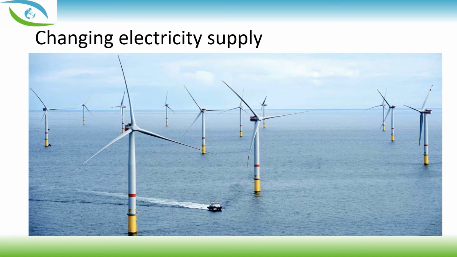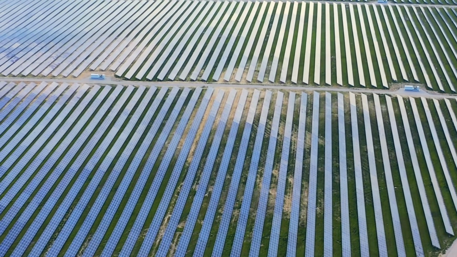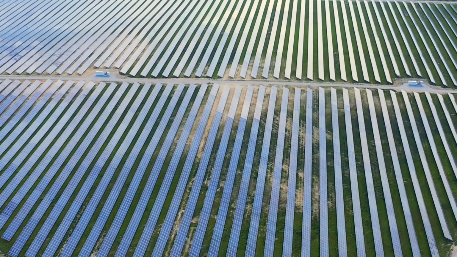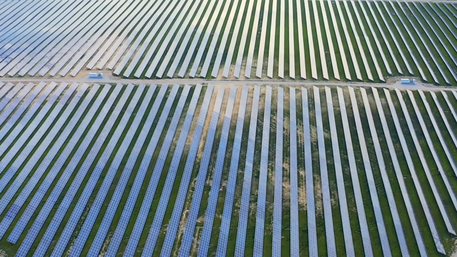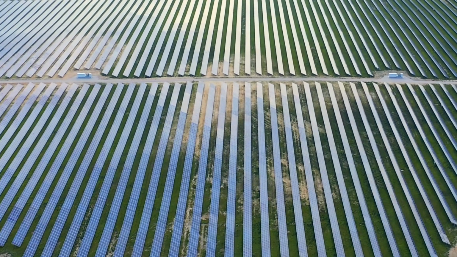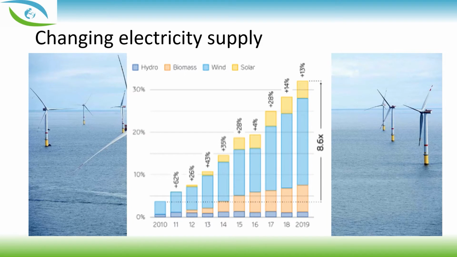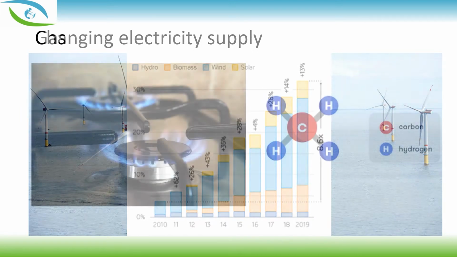The push has been to install offshore wind farms and personal and commercial solar farms. In 2012, the average amount of carbon dioxide being released per kilowatt hour was around 500 grams. In 2020, the average has been closer to 200 grams. One day in 2019 had electricity being generated at under 100 grams per kilowatt hour, and 1 hour was even down as low as 39 grams per kilowatt hour.